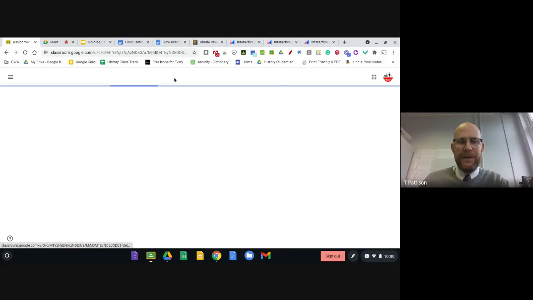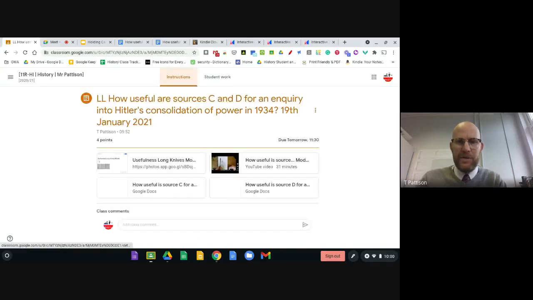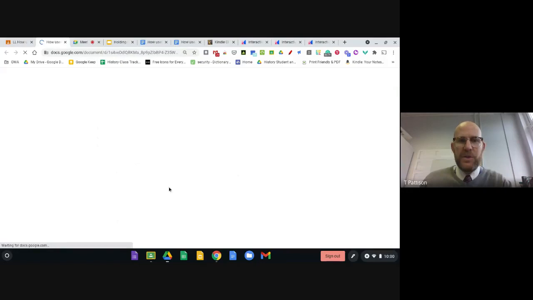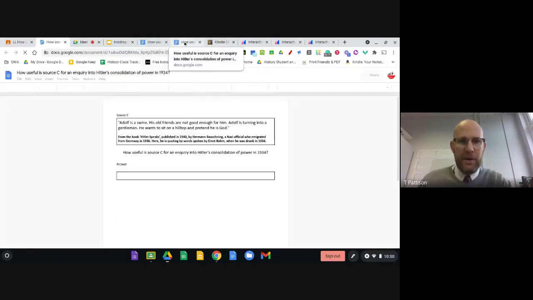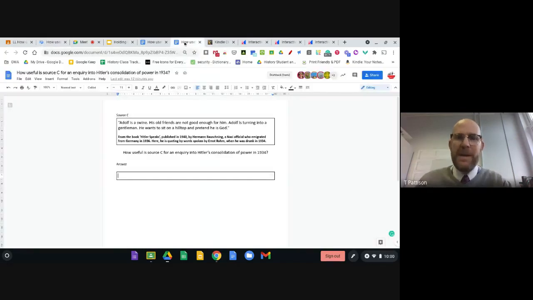You will find two very similar looking documents, one of which you should create a copy of for yourself. Source D we can ignore; you don't need that one yet. What I do want you to open is source C. Source C won't let you write on it. That's not a mistake. That's because I've nominated myself scribe, so I am going to be responsible for writing what we together as a group come up with.